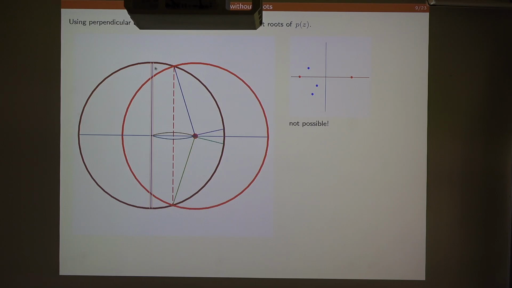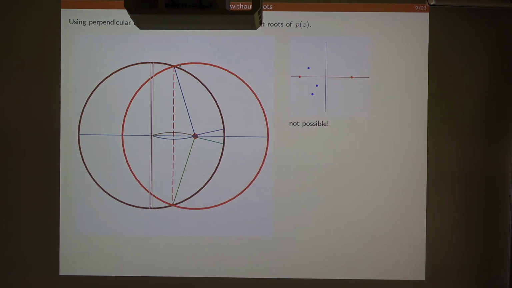Application, sorry. If you suppose all the roots of the derivative are in this lune, okay? Then there is no root in this set, because if you consider a root here, then the perpendicular bisector does not intersect this lune.